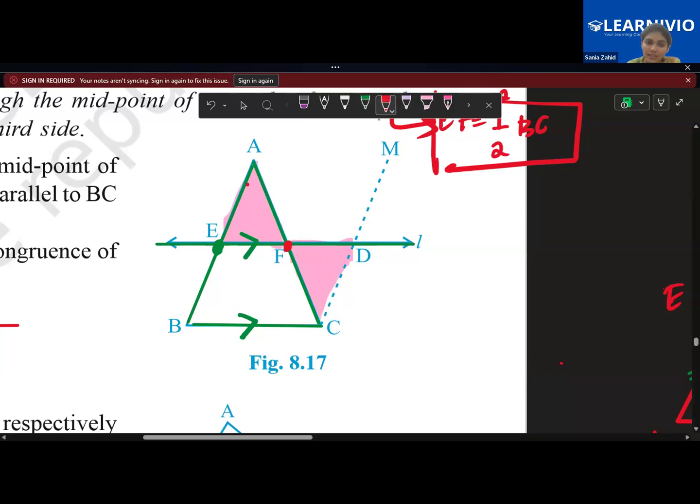You can take, okay, this angle is equal to this angle. What else can you take? We can take vertically opposite. Okay. If you want to take that, then tell me, what will be the third thing?